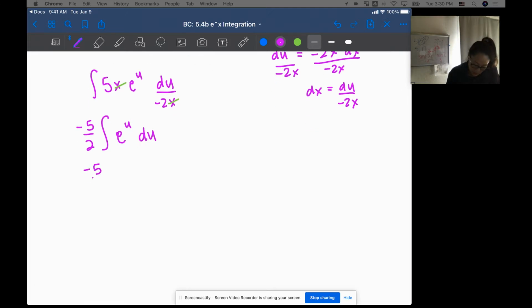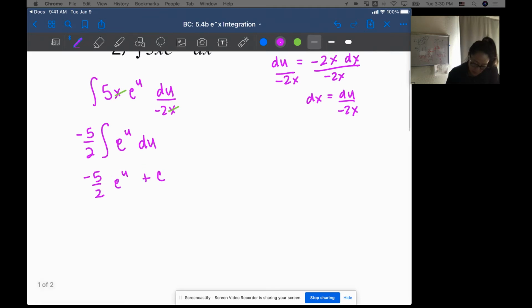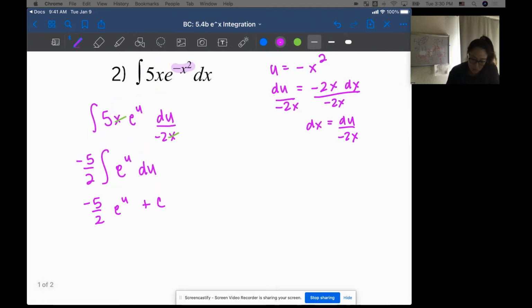So I get negative 5 over 2 e to the u plus c. I'm going to look back and remember that my u was negative x squared. So I get negative 5 over 2 e to the negative x squared plus c.